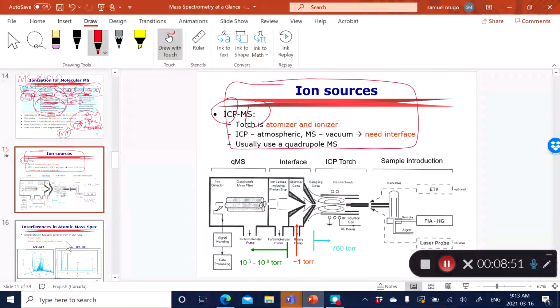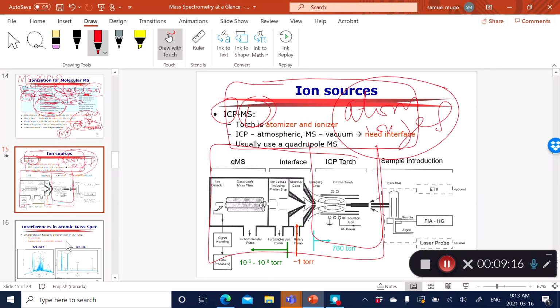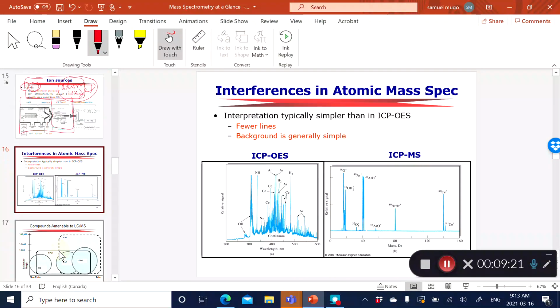And I've already explained to you before how the ICP plasma torch actually works, so you just need to refer to that. So remember that the ICP can be used as an atom ionization method. So it's used for atomic spectroscopy in that case.